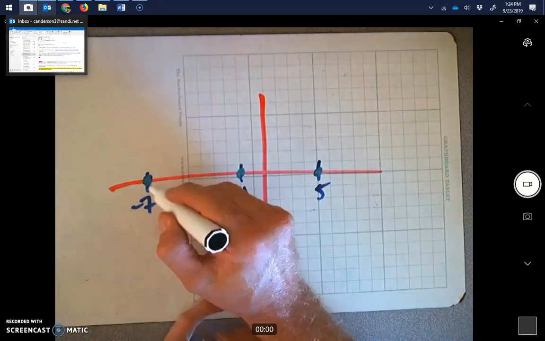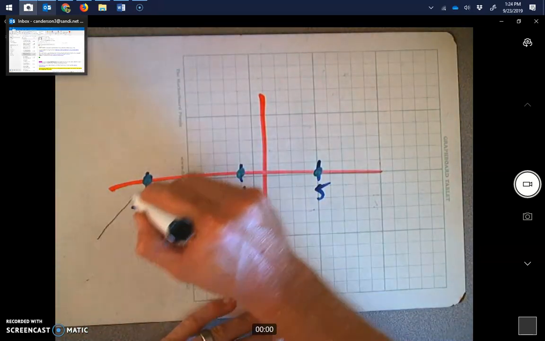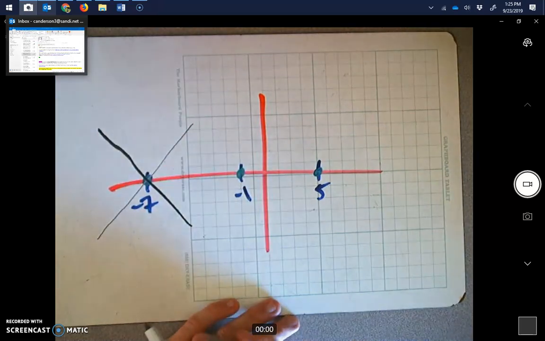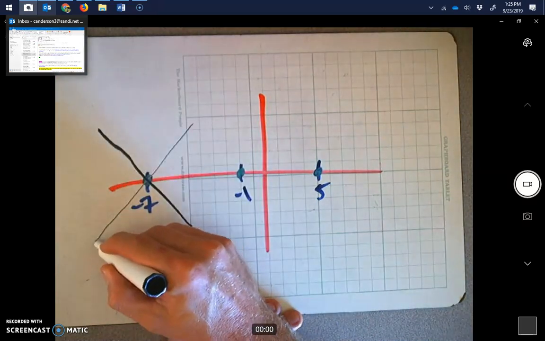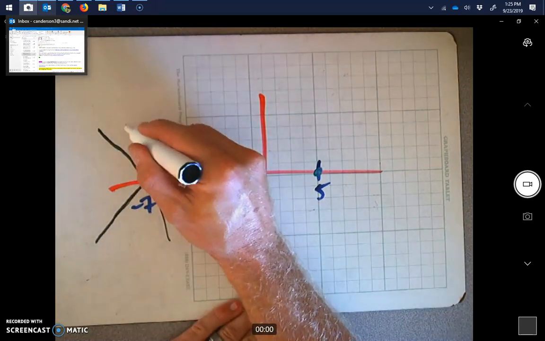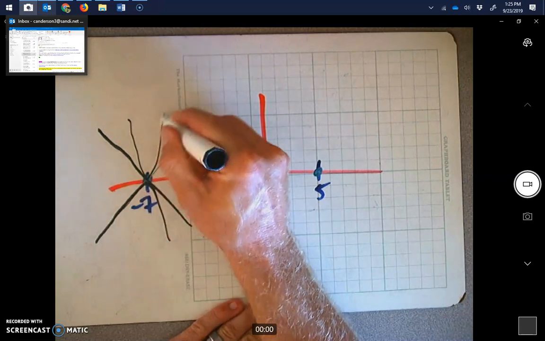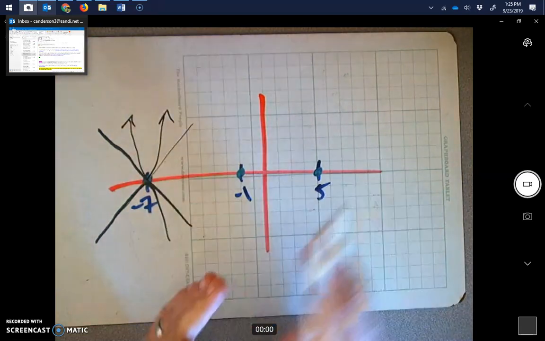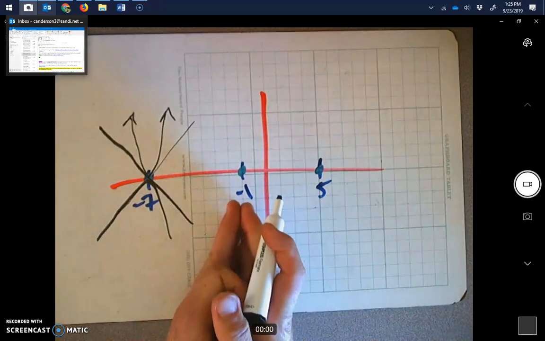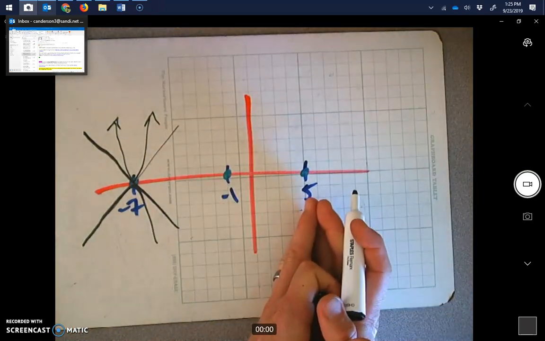So for negative 7 alone, it could go from here through, or it could go from down here, come up, touch it, and come back down. Or the same thing up here. It could come down, touch it, and go back up. Okay? We don't know which of the 4 we have right here, or which of the 4 we have right here.